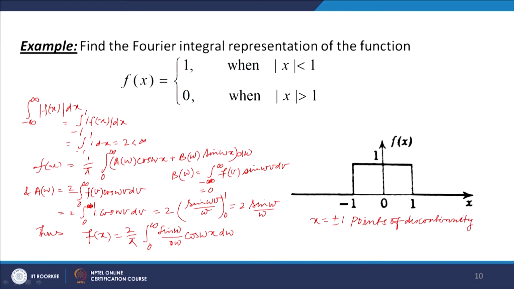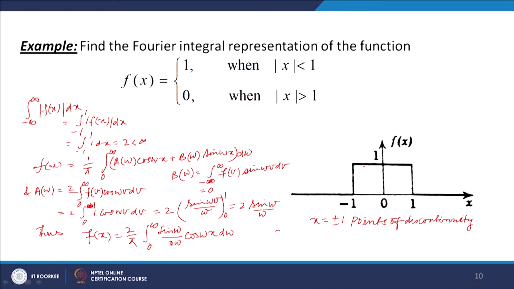At the points of discontinuity, the sum of the Fourier integral is equal to the average of left hand and right hand limits. Now, at the point minus 1, left hand limit is 0, right hand limit is 1. So, average is 0 plus 1 divided by 2, that is 1 by 2, and at 1 the left hand limit is 1, right hand limit is 0. So, again average is half.